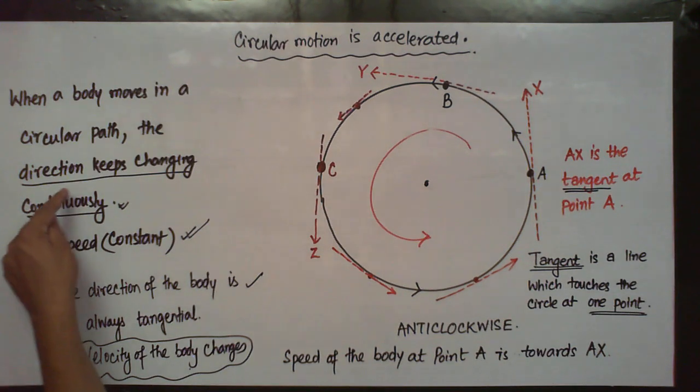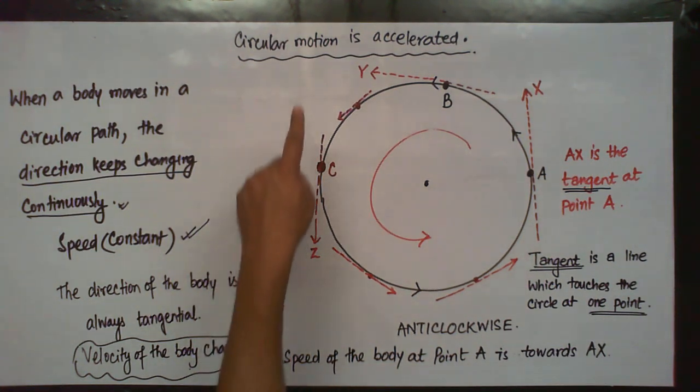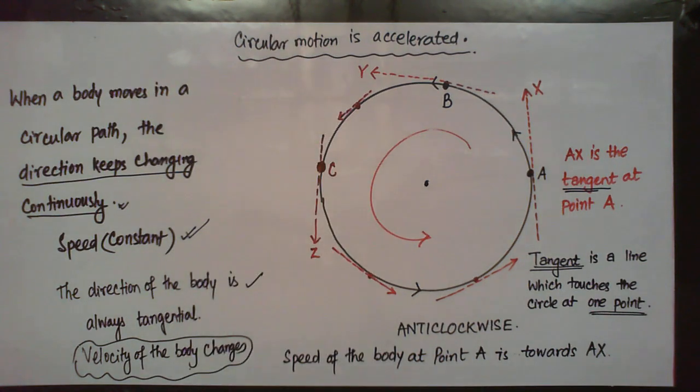Because the direction is changing, speed remaining constant, and what is the direction? It is always tangential, and because the direction of the body is changing, velocity also changes, and because velocity changes, acceleration of the body also exists. We cannot say that acceleration is zero.